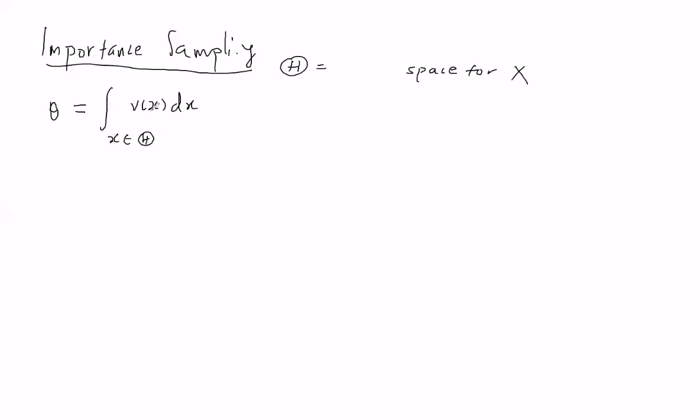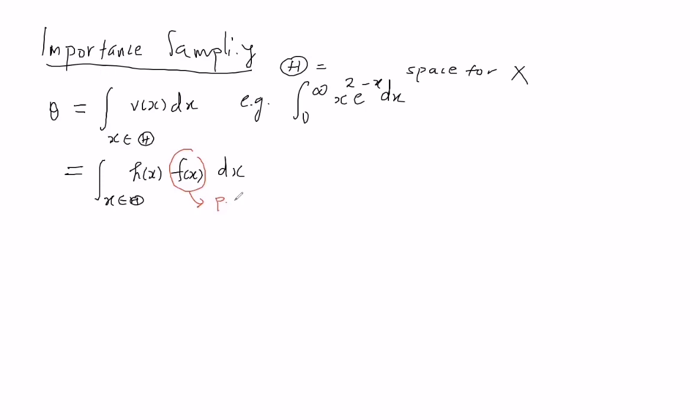Now, for example, this could be some function like this. We could actually rewrite this as follows, and in fact this is what we generally do: integral of h(x) f(x) dx, where f(x) is a probability density function with the same support.